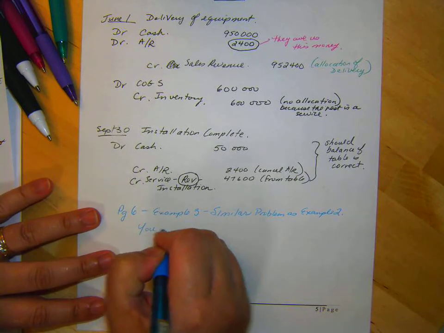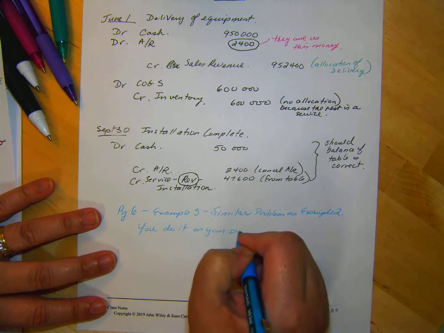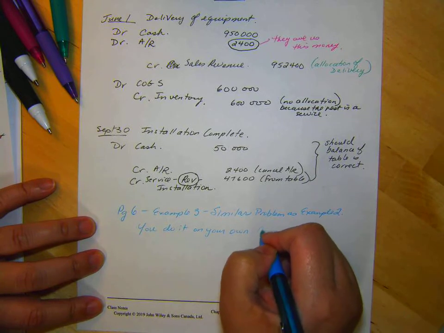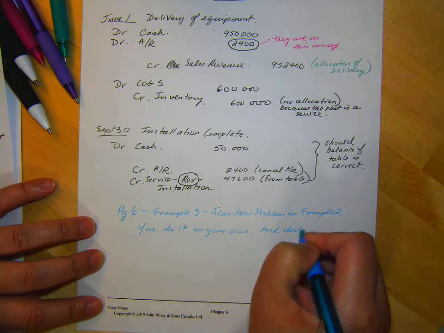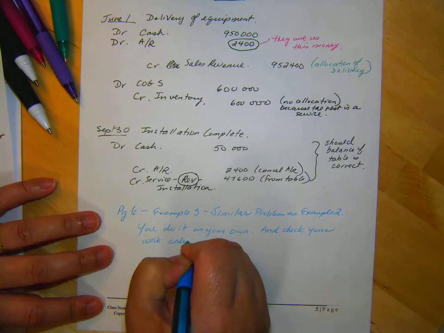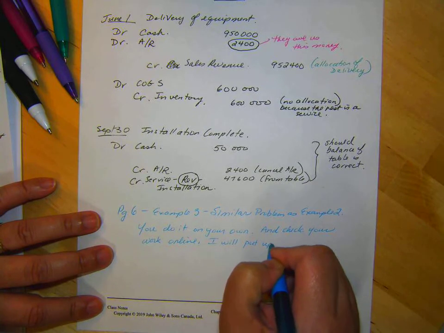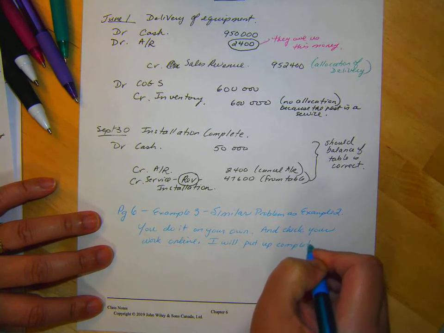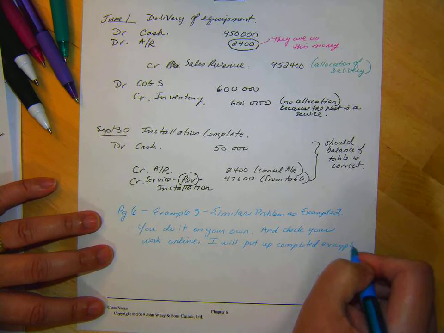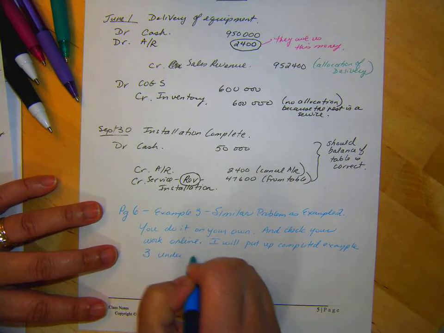You're going to do it on your own. Preferably before we go on to the next example. And check your work online. I will put up completed example 3 under chapter 6.